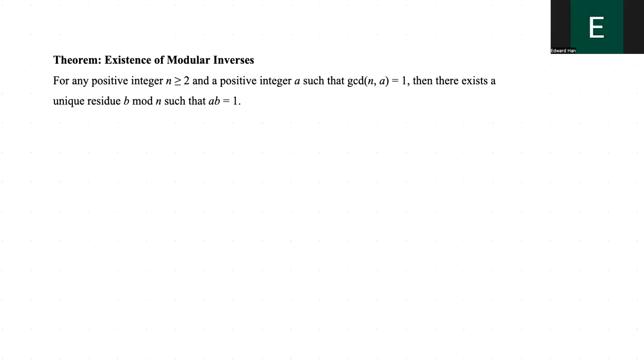Basically, what this says is that for any mod n, and given a residue a. And if you don't know, a residue means a certain remainder. So for example, if there's mod n, then you have n minus 1 residues.